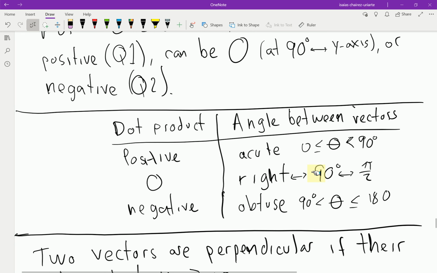It's a right angle between my vectors. If the dot product between two vectors is negative, that says that the angle between the vectors is obtuse, less than or equal to 180 and bigger than 90. So that's some part of the usefulness of the dot product. It allows us to know what is the angle between two vectors.